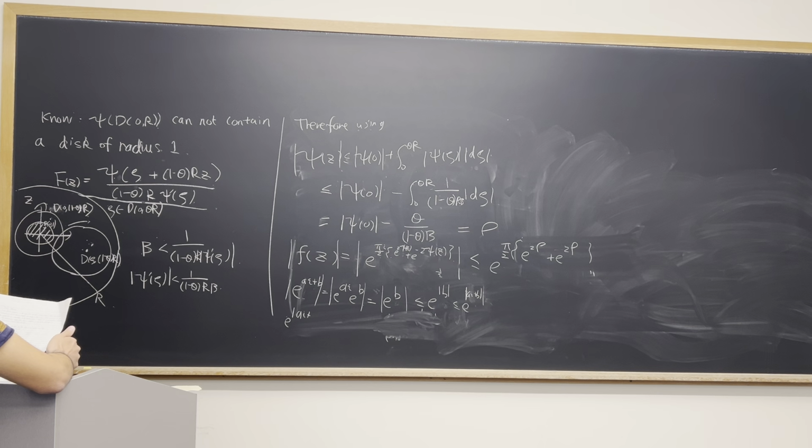We know that this block constant b doesn't depend on f prime 0. So this b depends on what I would say.